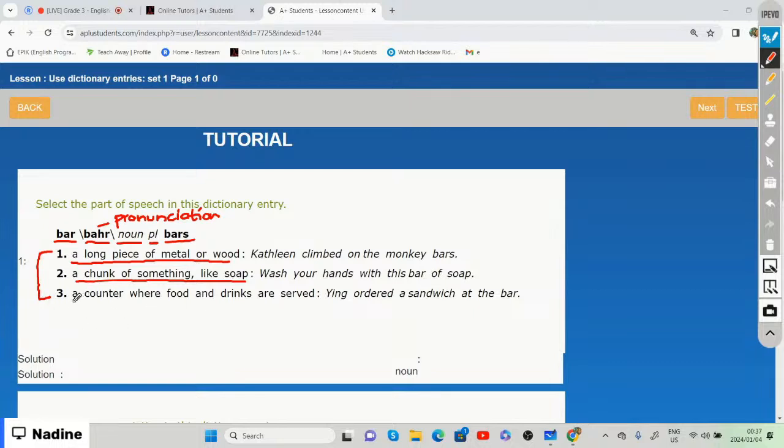And then the third meaning of that specific word is a counter where food and drinks are served. So Ying ordered a sandwich at the bar. So that is basically the three different meanings of that one specific word.